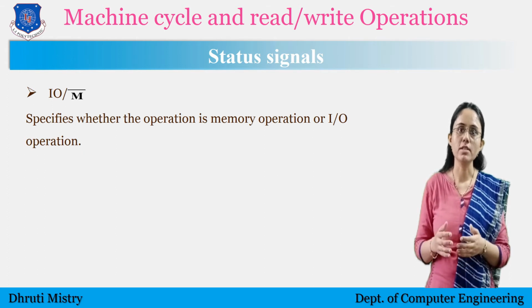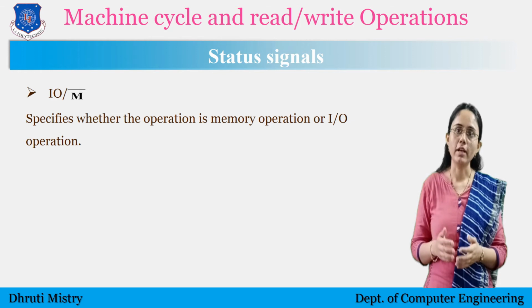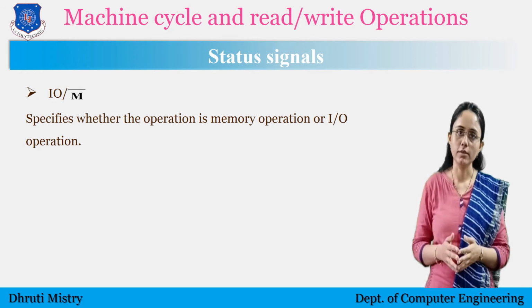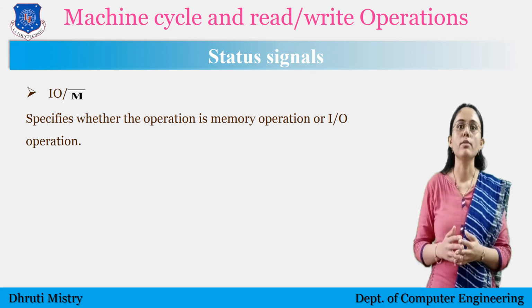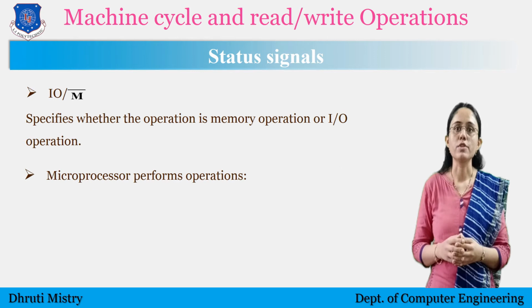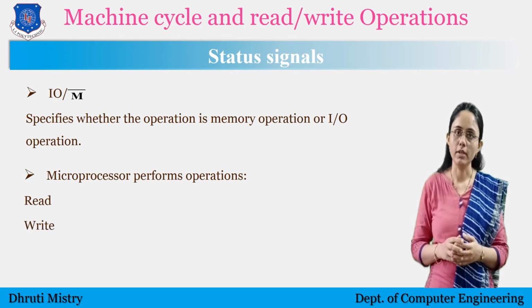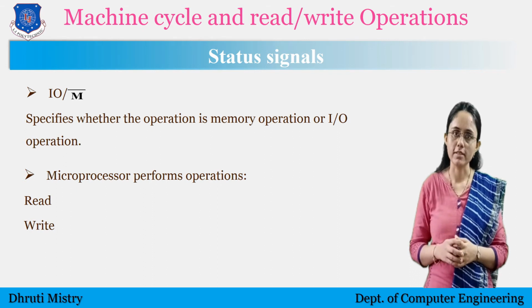If the value of this signal is 1, then the microprocessor performs the operation with input-output devices. And if the value is 0, then the microprocessor performs the operation with memory. The microprocessor performs operations like read and write with memory and input-output devices.